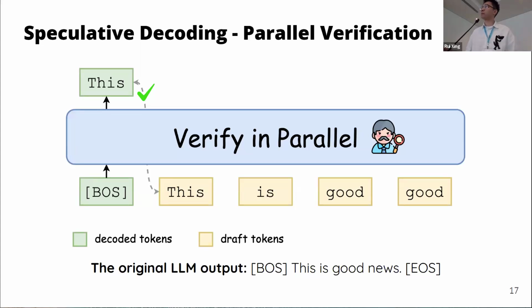In the first step, given the input prompt BOS, the target large language model will generate a token based on this prefix, like "this", which corresponds with the autoregressive decoding process of the target large language model. And then we obtain this verified token, "this" in the gray part, and we directly compare this verified token with this draft token. If they are exactly the same, we can see that the first draft token passes the verification.